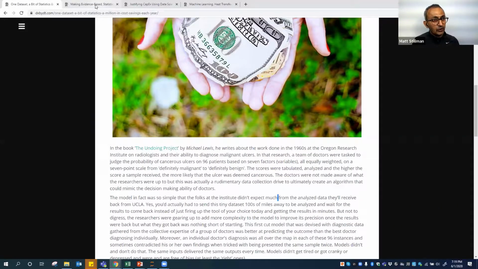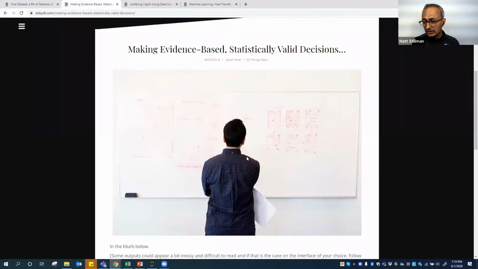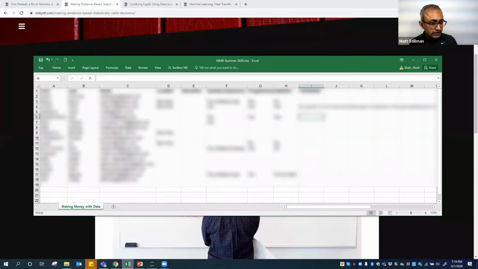Another flavor I want to give you is, I think someone brought up experimental design. I think it was Inji Chen.